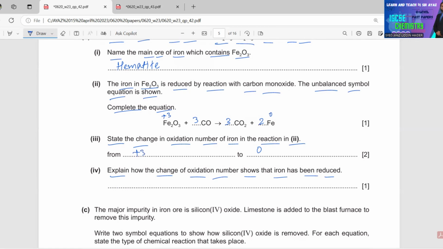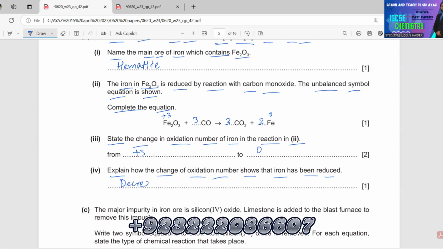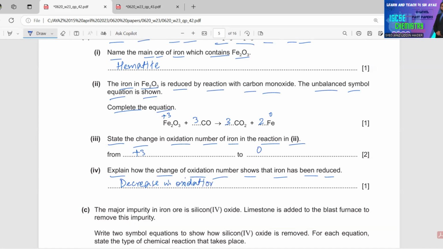If there's an increase in oxidation number, we call it oxidation, but in case of reduction, there must be a decrease in oxidation number. So I will write decrease in oxidation number.